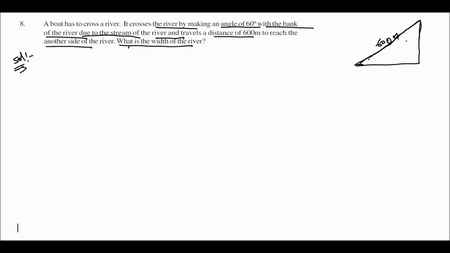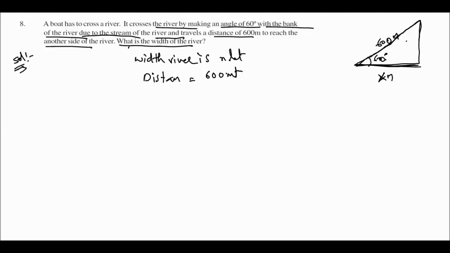Here the angle is 60 degrees. He is asking us to find the distance between the two sides of the river. So x meters we think like this. Width of the river is x, let us say. And the distance traveled here is 600 meters.